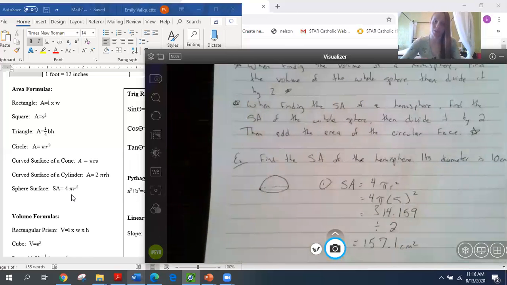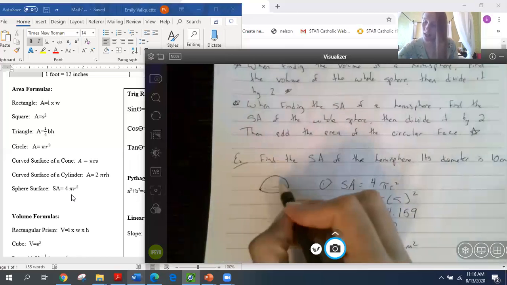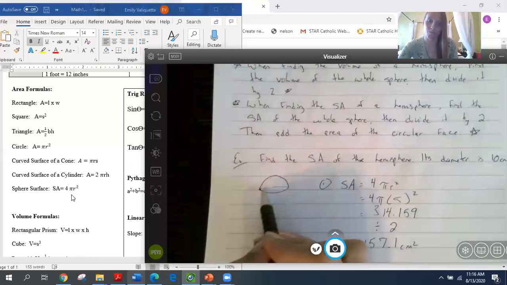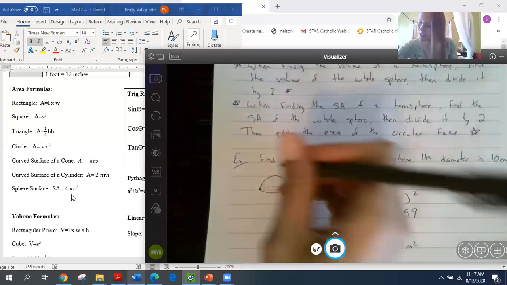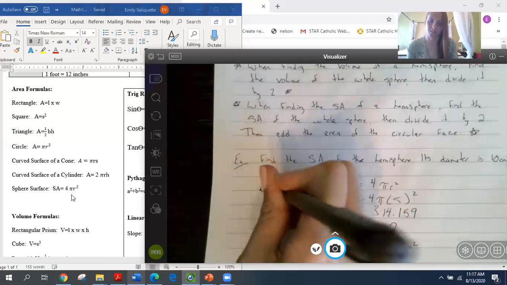Now that includes the entire outside surface of the hemisphere, but it doesn't include the base, the circular base where we cut the hemisphere away from the entire sphere, where we cut the 2 hemispheres apart essentially. So we've just found this, now we need to find the base.